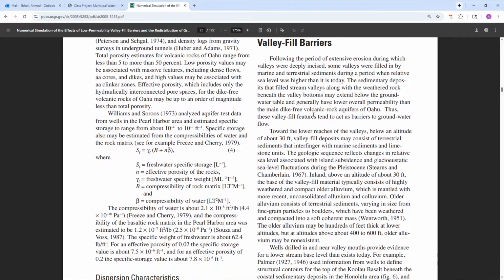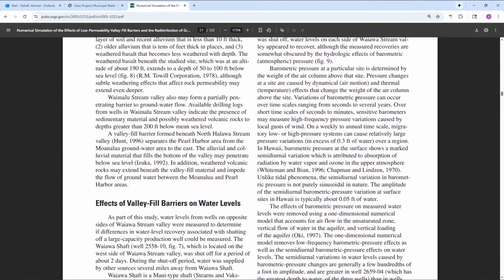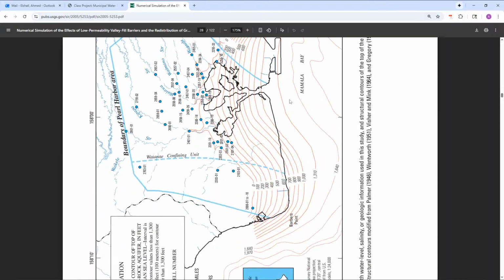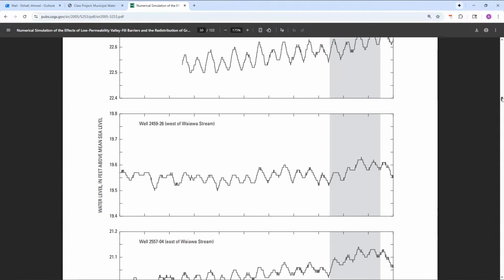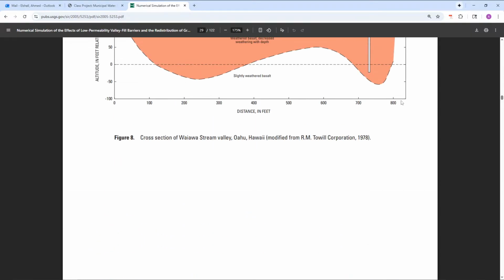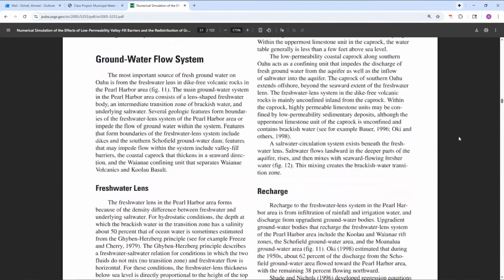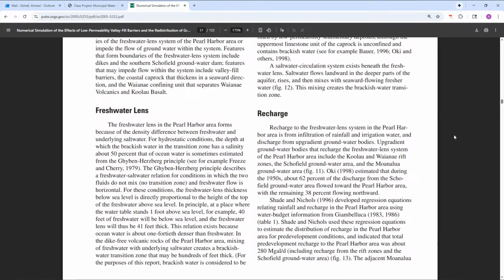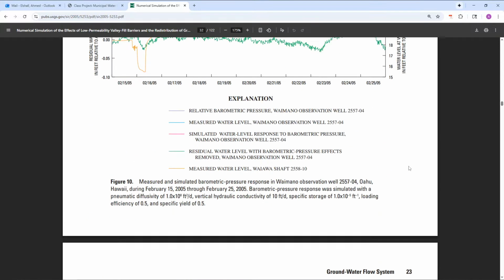Then they talk about the valley fill barriers and different conceptualizations for them. Starting from here is some of the observation data that was used for model calibration. Then we talk about recharge and how recharge was estimated.